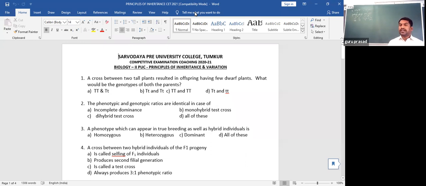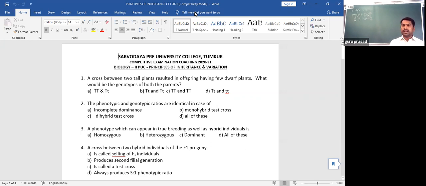So incomplete dominance, again, the snapdragon, when a red color flower is crossed with a white color flower. This is the example. This is the common character we take, flower color in snapdragon, scientifically the Antirrhinum species. So in that incomplete dominance, you must be familiar with these crosses.